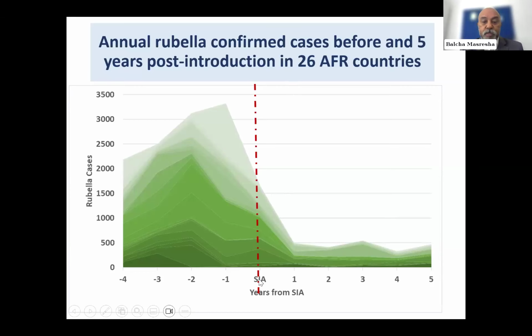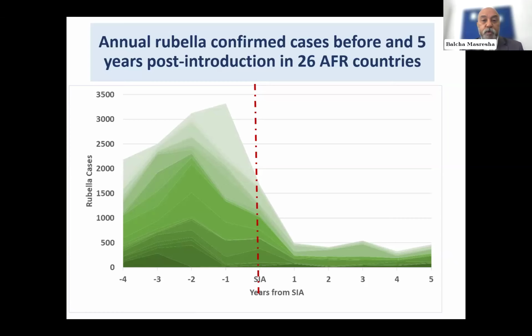This red dotted line that you see is the cutoff point, the year where the mass vaccination campaign took place, be it in 2018 or earlier in 2013. We staggered them to align with this line, and the years shown, -1, -2, -3, -4, are the 1, 2, 3, 4 years before the mass campaign, and subsequent years are after the mass campaign and routine introduction.